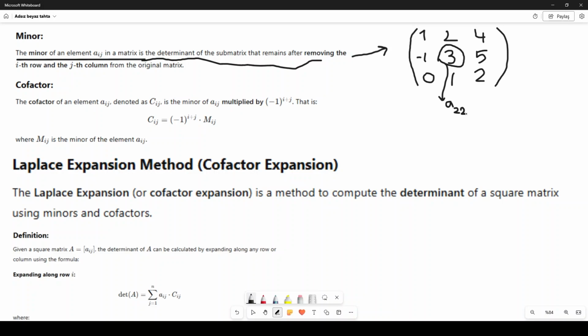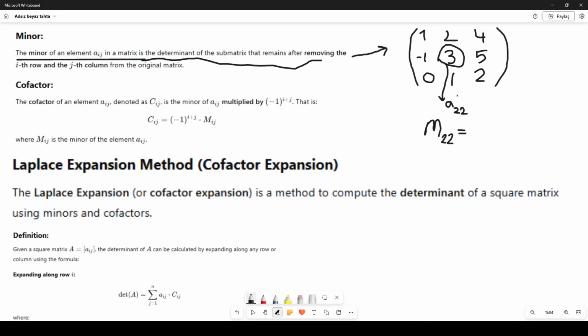If I show the minor in capital M, we are looking for the minor for this entry in the square matrix. So we're looking for M22, and this component is right at the intersection of the second row and the second column.